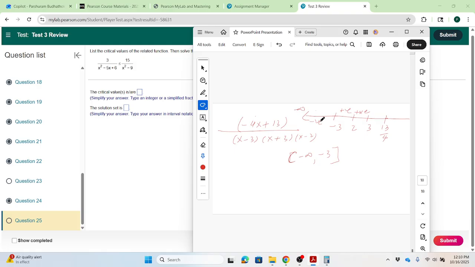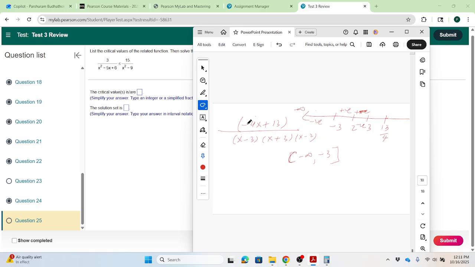One more time. Anything greater than 2 is, let's say, 2.5. 2.5 minus 3 is negative 0.5, and 2.5 minus 2 is positive. Sorry, it's supposed to be negative. And by doing the same thing for anything greater than 3 and less than 13 over 4, let's say 4.